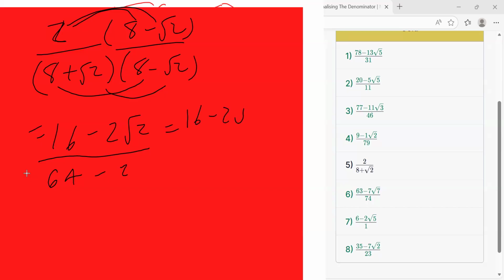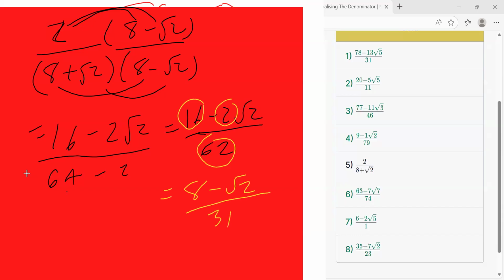So this is 16, take away 2 root 2, all over 64, take away 2 is 62. Now, we look at the numbers and we can see that 2 goes into all of them, so we can divide by 2. So this now becomes 16 divided by 2 is 8, take away root 2, over 31. So I hope that's okay. Is that okay? Whoever said that?